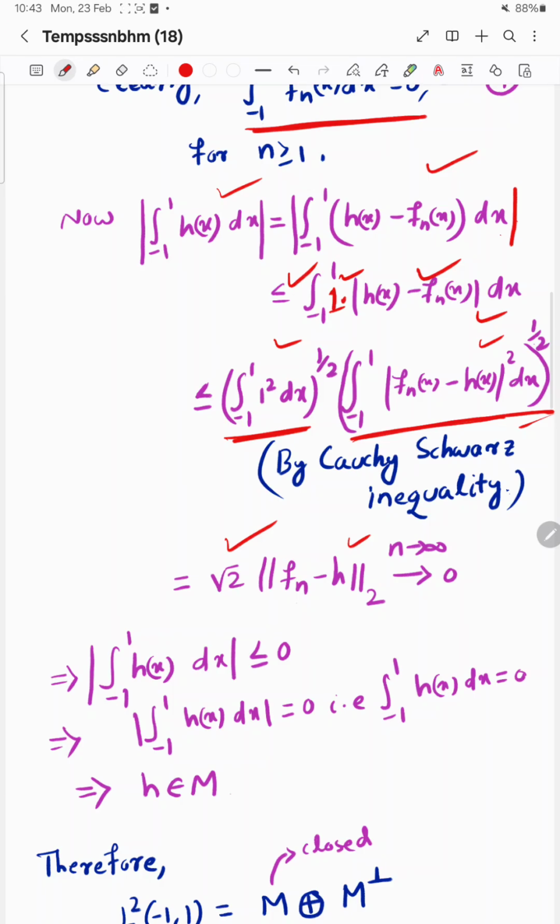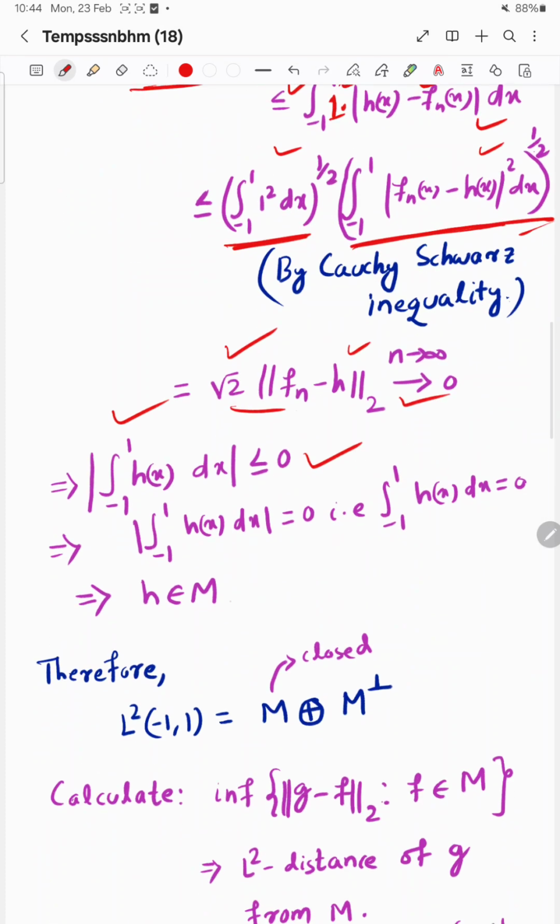So in the next step, if we take the limit n tends to infinity on both sides, the left hand side is independent of n, so it gives this quantity, but the right hand side goes to 0, because fn converges to h in the L2 norm. Therefore we get that, but this quantity is non-negative.